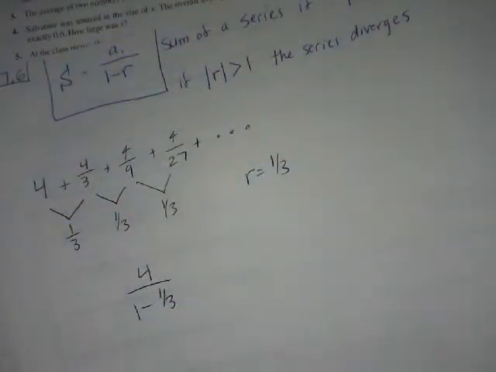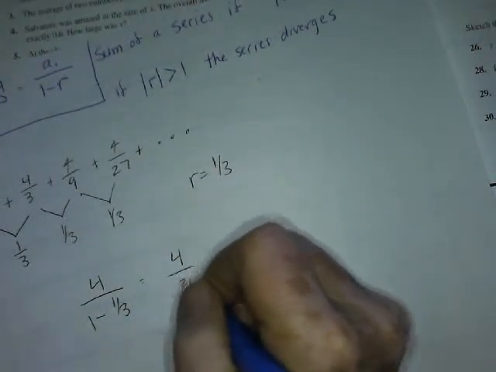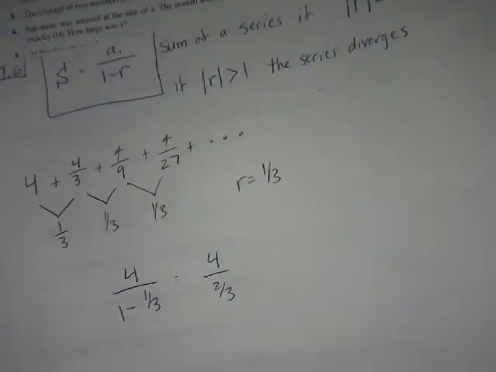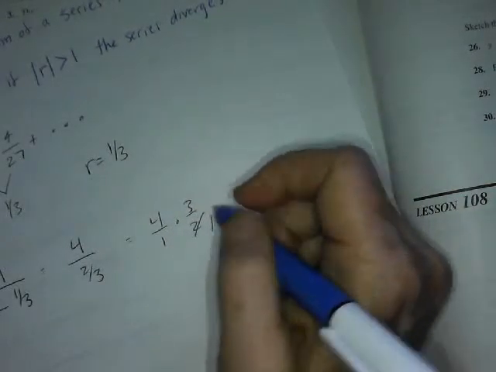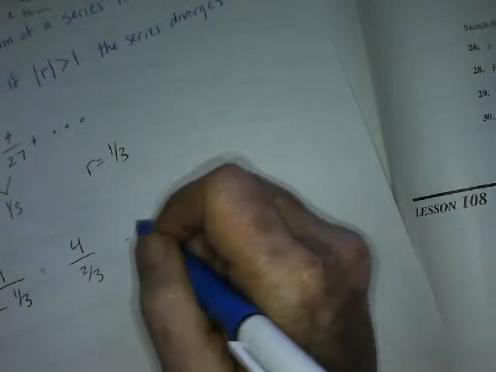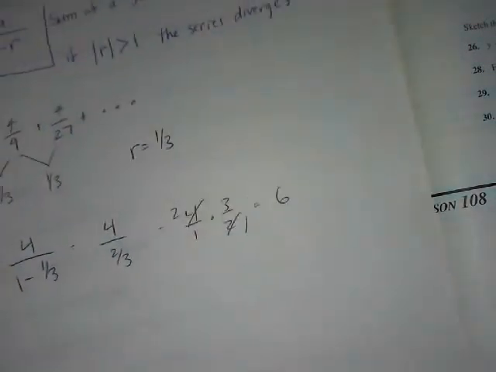What's 1 minus 1/3? 2/3. So 4 over 2/3 is the same as 4 over 1 times 3 over 2. I'm getting 6. Let's see if that's right. Yep. Okay, get it?